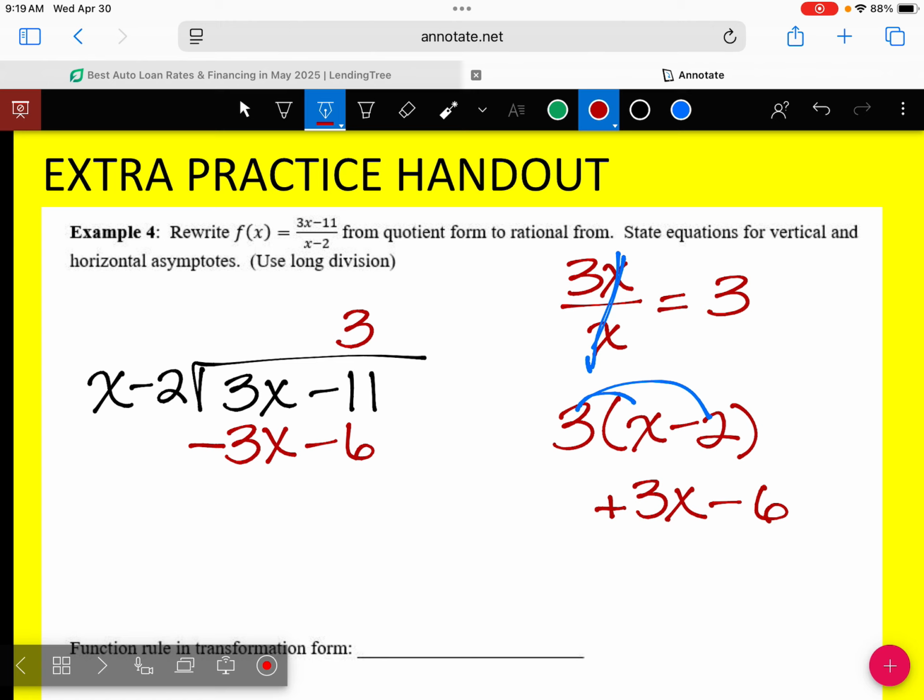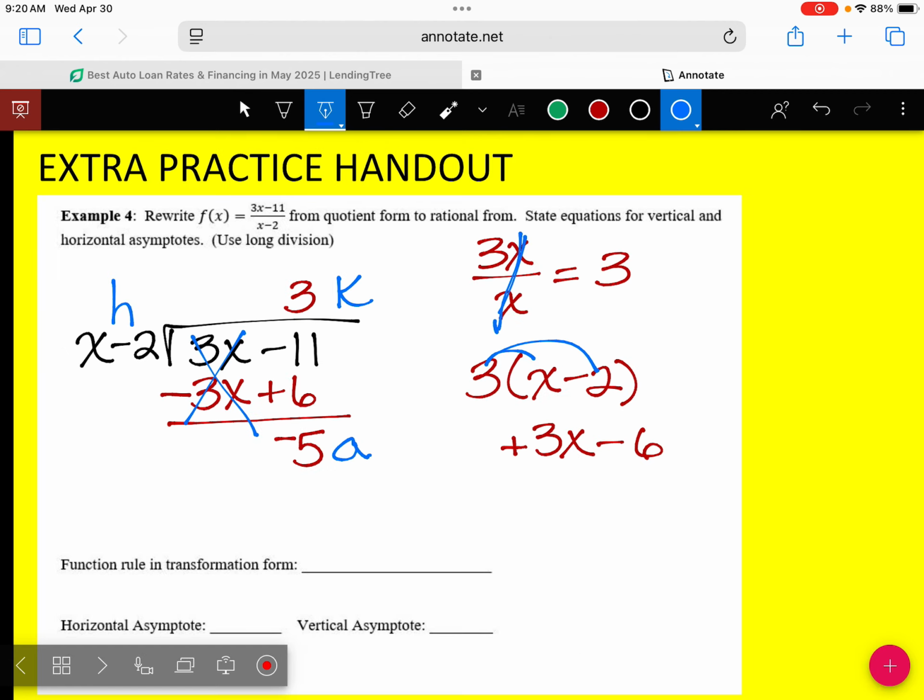And the 6 is negative. I'm going to flip that and make that positive. So this goes away. And go ahead and add that negative 11 plus 6. Okay. So remember, this is K, this is A, and this is your denominator.